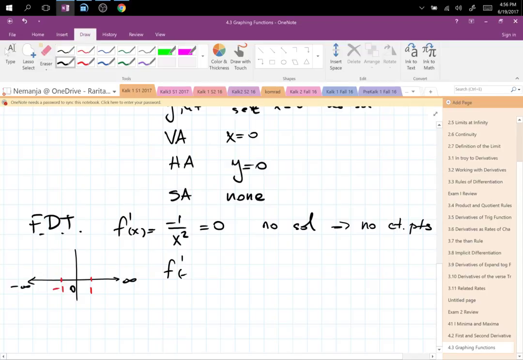So plug in -1, we get -1 over (-1) squared, which gives us -1, showing that the function is decreasing. And we also check the first derivative at 1, which gives us the same answer.